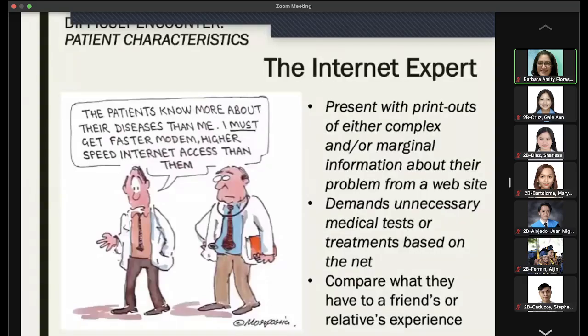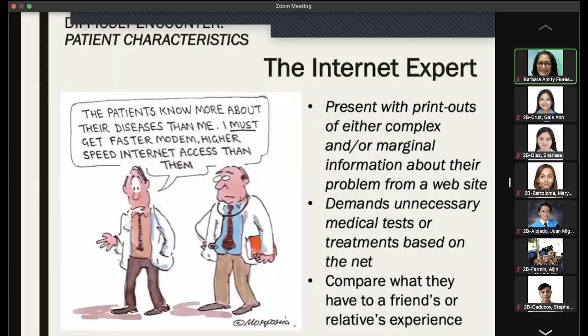The internet experts, so we have a lot of these nowadays. Okay, so these are patients who would come to you with printouts. Oh, that's extreme already. Okay, they would have printouts of either complex or marginal information about their problem taken from a website.